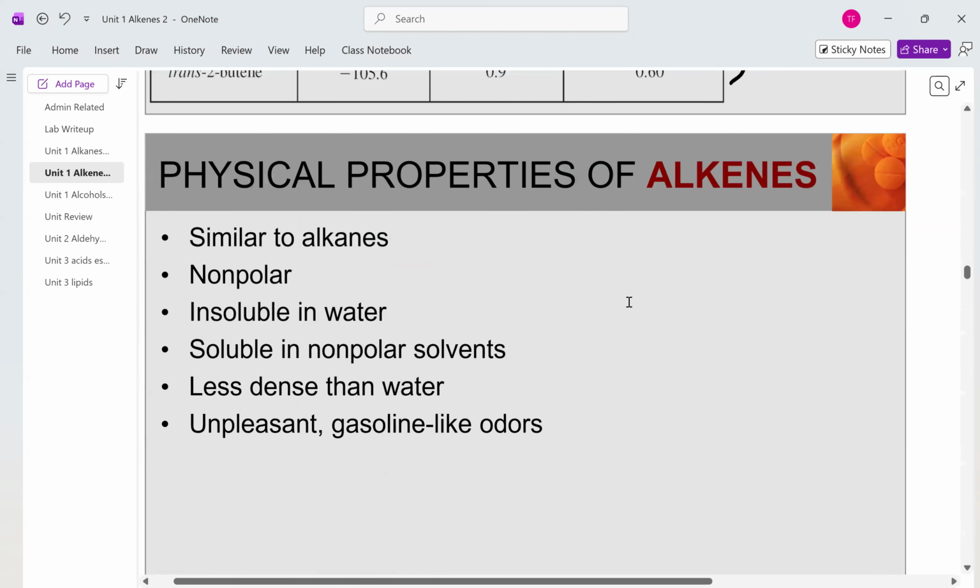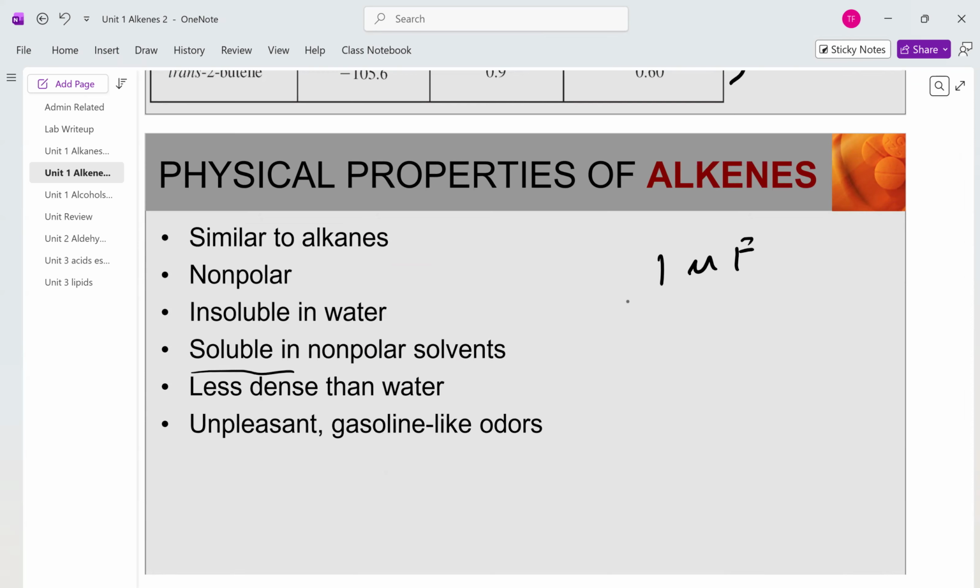Okay, physical properties. When I say physical properties, I'm talking about intermolecular forces, IMFs. Similar to alkanes, nonpolar and insoluble in water, soluble in nonpolar solvents. So when we have these guys in our body, we have to have some way to make them polar. So they are motile.